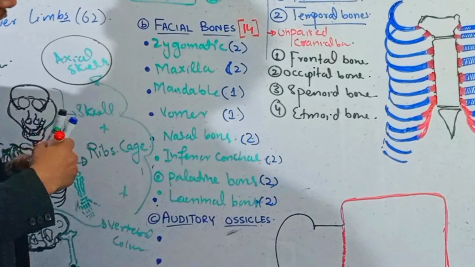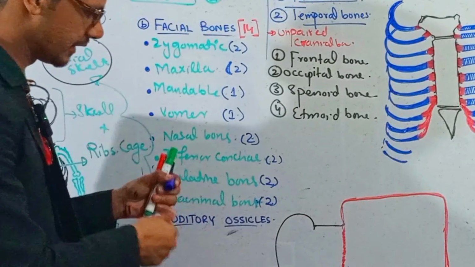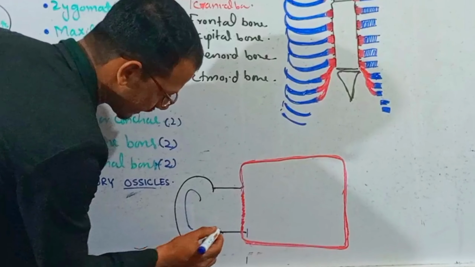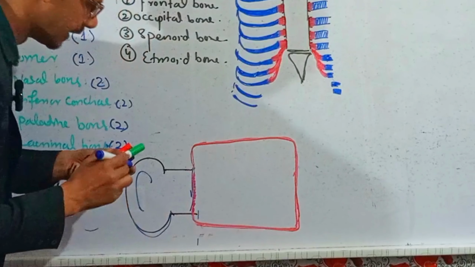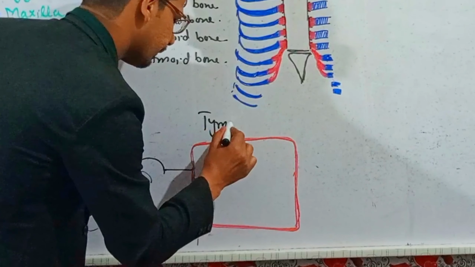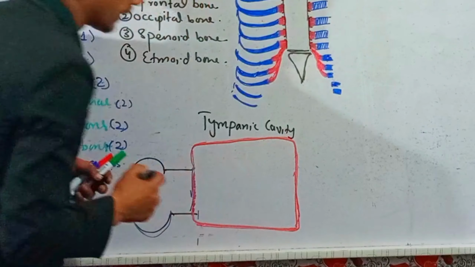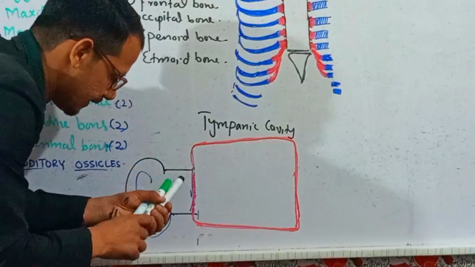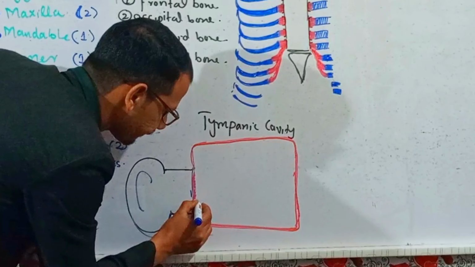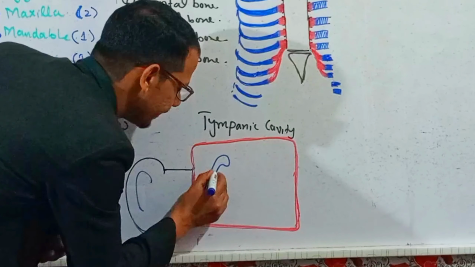And the next, the 6 bones are present in the middle ear. For example, this is the external ear, this is the tympanic membrane and tympanic cavity of the middle ear. It has one bone here which is called the malleus bone.